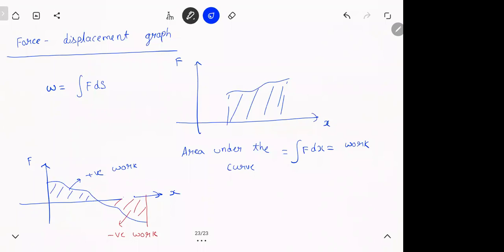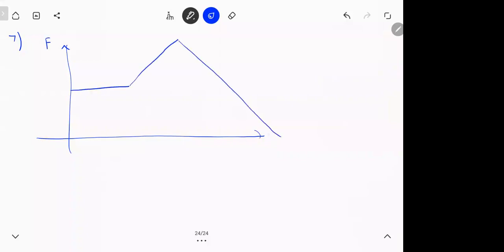Copied? Let's see a question. This is 10 newtons, 5 meters, 10 meters, 15 meters.